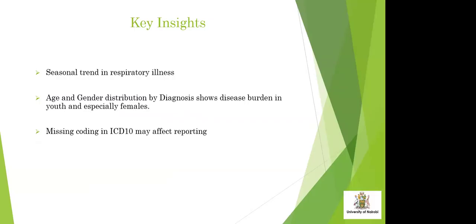And the missing ICD-10 codes would affect reporting and analysis because we cannot tell exactly which disease is common or predominant. These insights help lay the groundwork for robust modeling and targeted interventions.